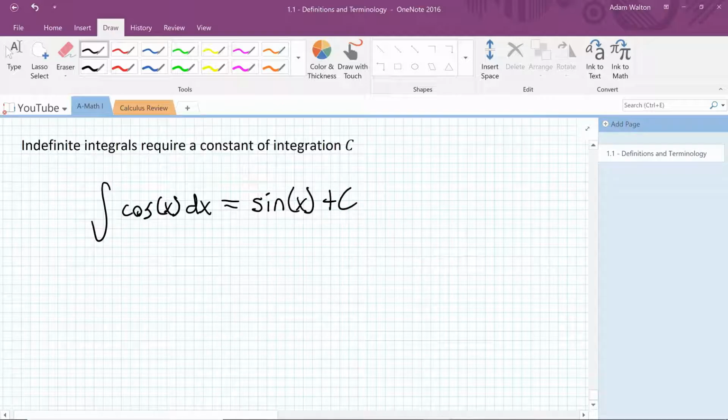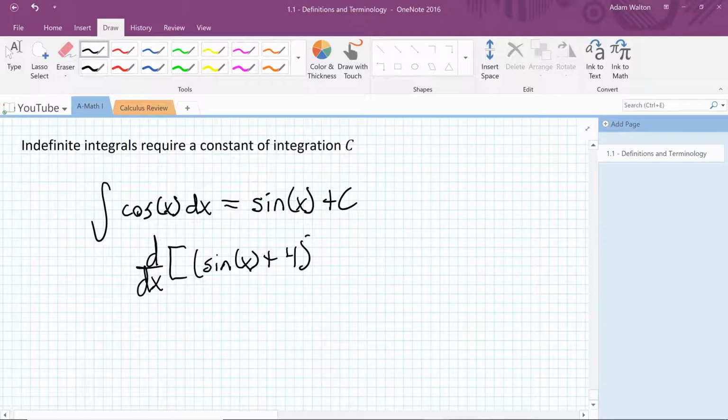And of course, that c is to compensate for any constants we could have lost in differentiation, because the derivative of sine of x is obviously cosine of x, but the derivative of sine of x plus any constant, let's just say 4, is also going to be equal to cosine of x, because the derivative of the constant itself is 0.